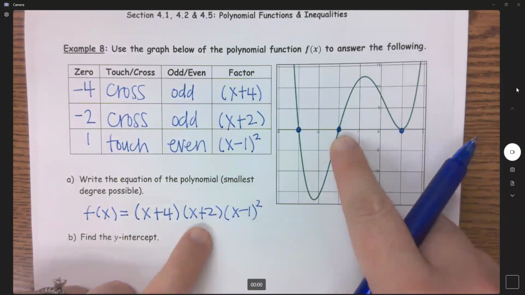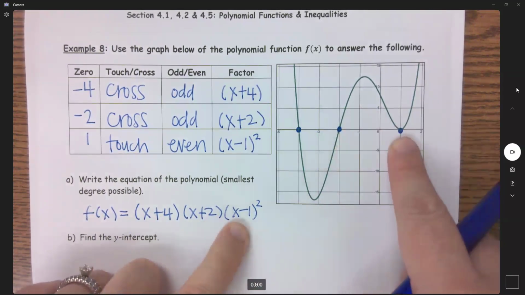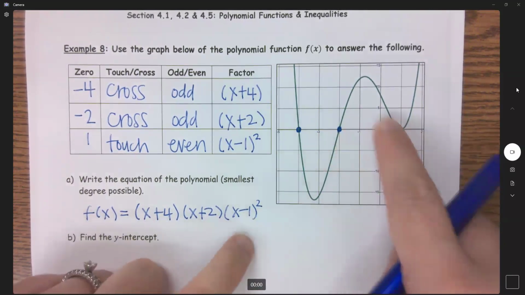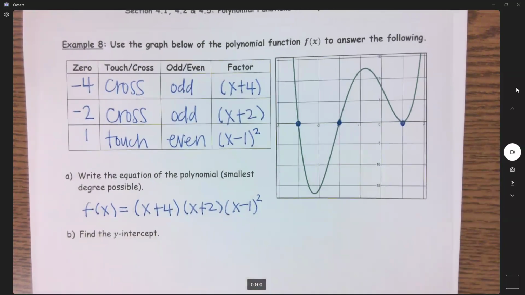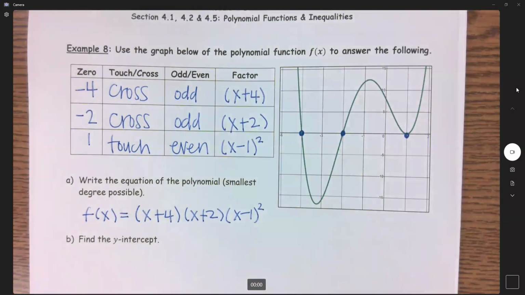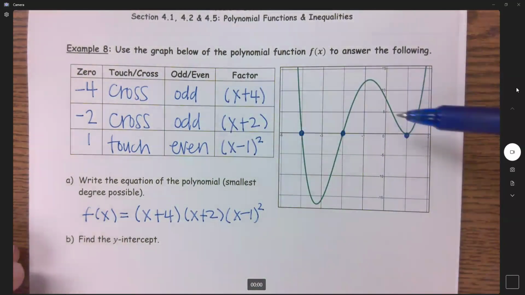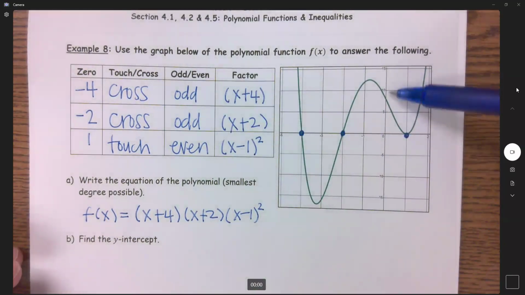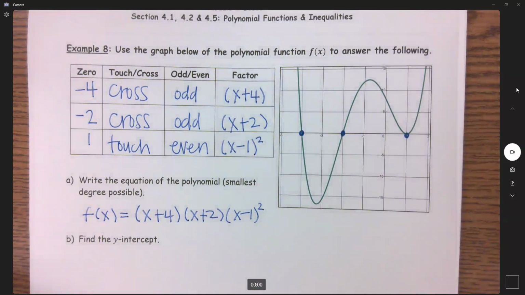At -2, crossing through, and at 1, because that's even multiplicity, it's touching. Now your homework wants to know what is the y-intercept. And again, we can see it's between 5 and 10, just don't know exactly where. Is it 7.5? Is it 8? Is it 7? We don't know.